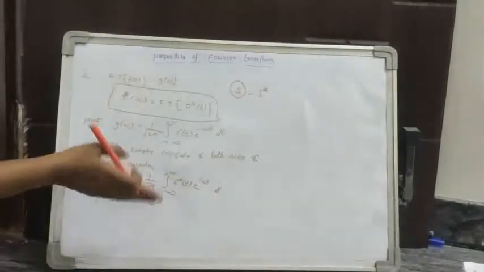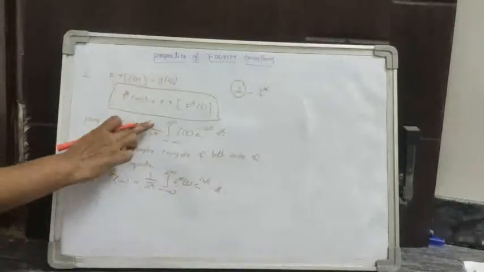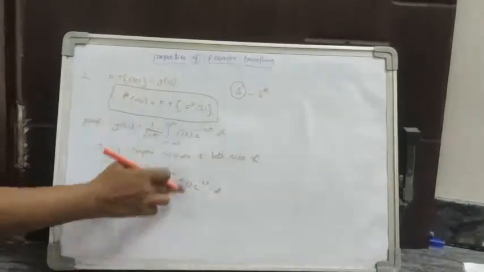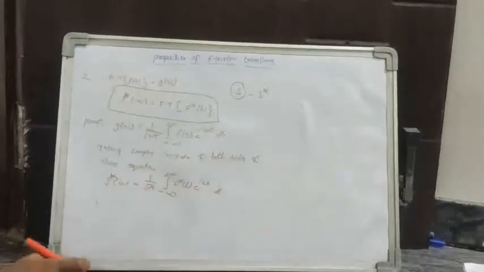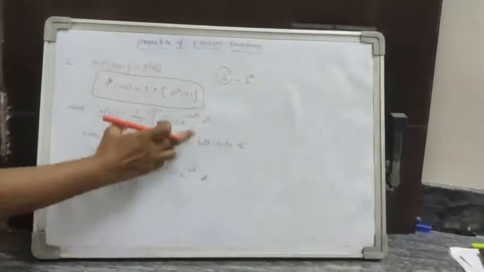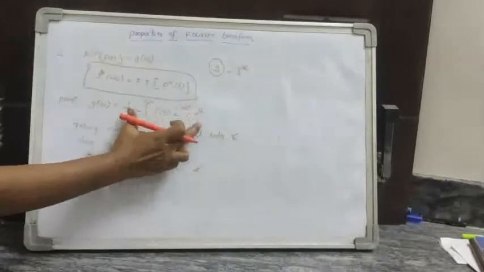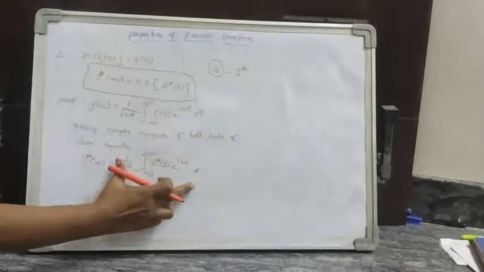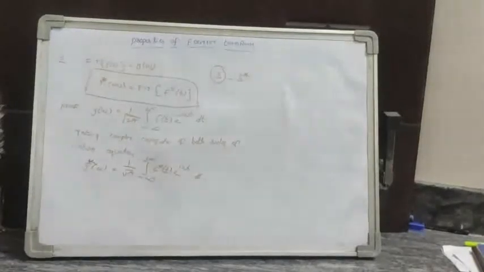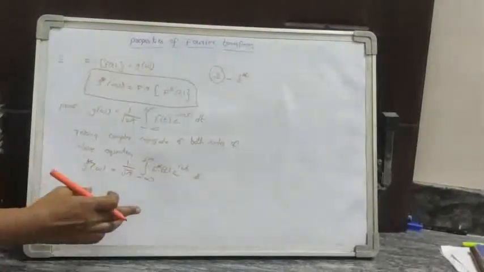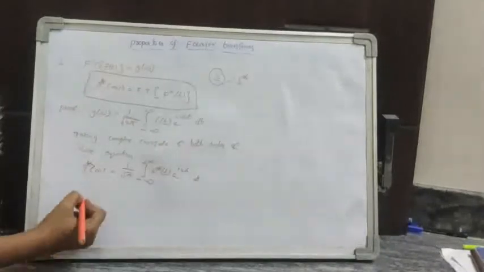The conjugate means the opposite: if minus is there, it becomes plus in the conjugate representation. Now we have considered the complex conjugate of this equation, and then we got this. Now replacing omega by minus omega in this equation.